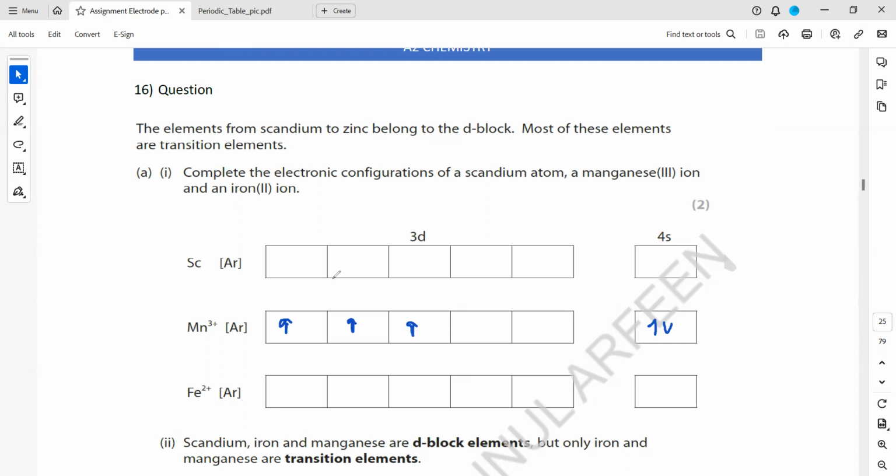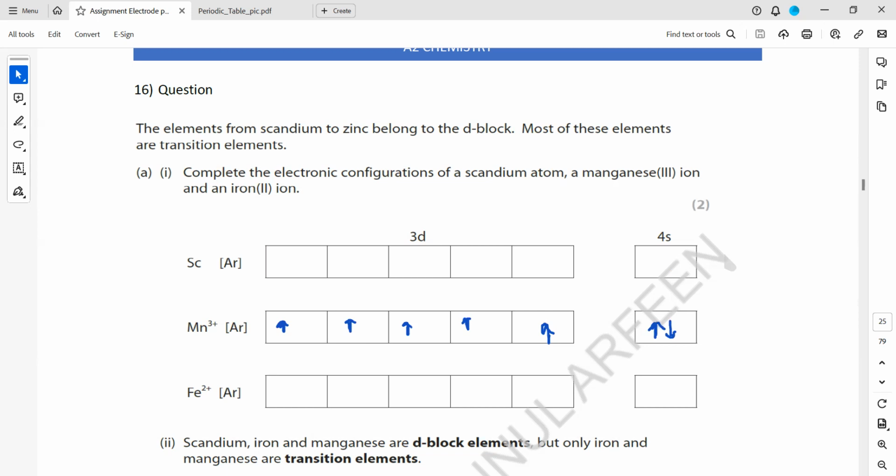We have 18 there because argon is 18, then 19, 20, 21, 22, 23, 24, 25. Now this is for the manganese atom.